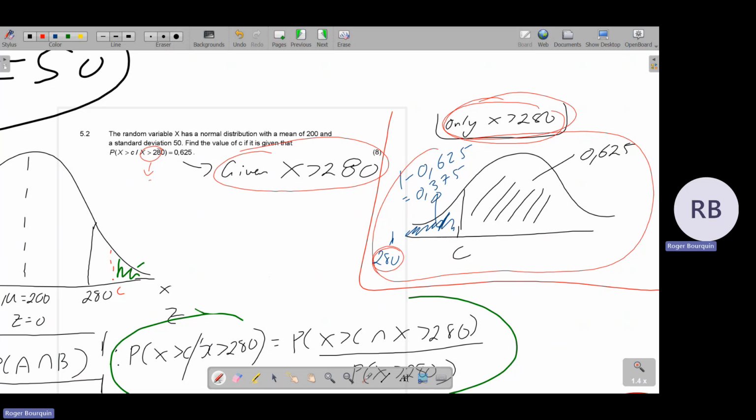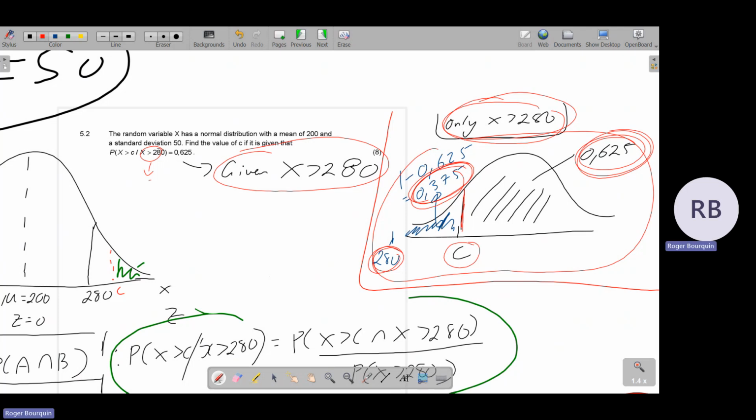If x is bigger than 280, then the probability that x is bigger than c is equal to 0.625. In other words, the scores between 280 and c, there's still 0.375. So c must be to the right of 280, because there are some scores which are bigger than 280 and smaller than c.